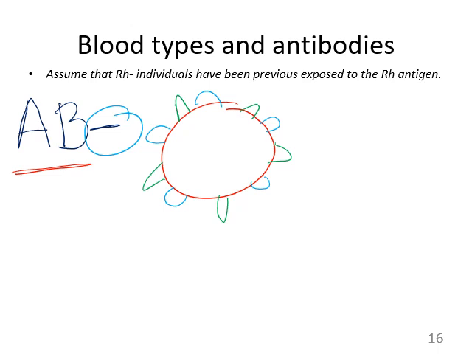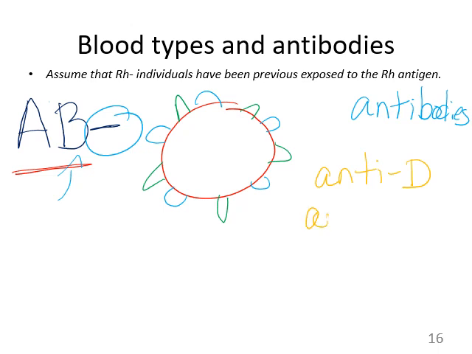I will have antibodies to antigens that I don't have. I've got the A antigen, I'm not going to want to form antibodies to it. I would attack myself. Got the B antigen, not going to want to form antibodies to it. I would attack myself. But I don't have the D antigen. So the antibodies in this person's blood are going to be the anti-D or anti-Rh. Again, same thing, you can say whichever one you want. Antibodies.